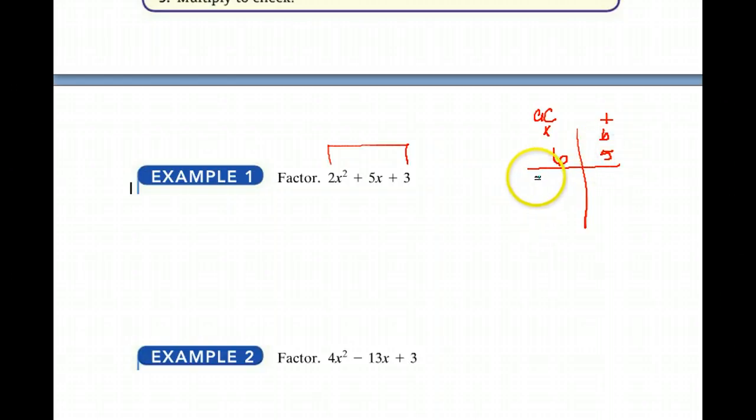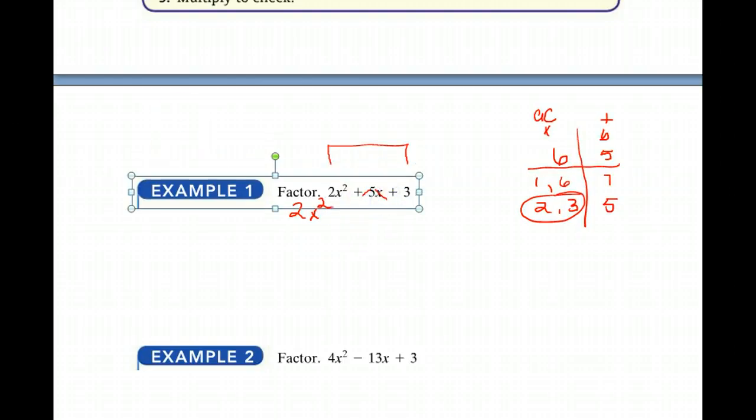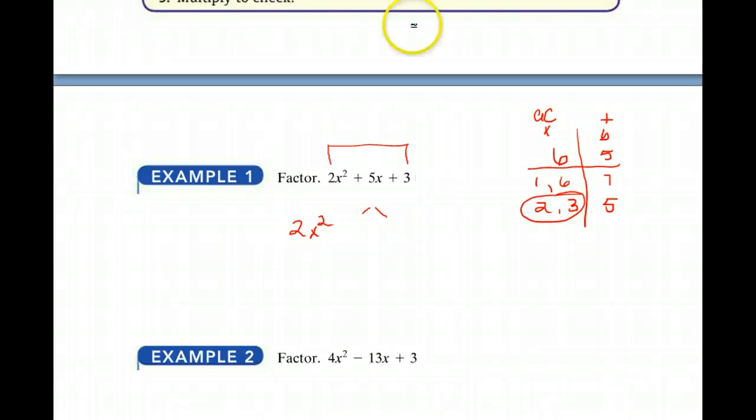So we start with our list of factors. We have 1 and 6, that adds to 7. 2 and 3, that adds to 5. Okay, we found our factors. The next thing that we do, we bring down the quadratic term 2x squared, and we're going to split the B term into two terms according to the factors that we identified.